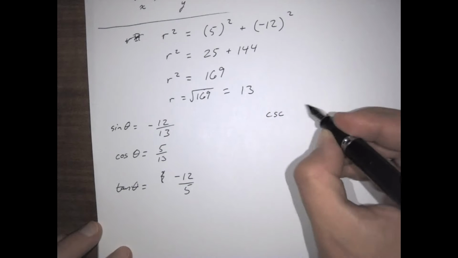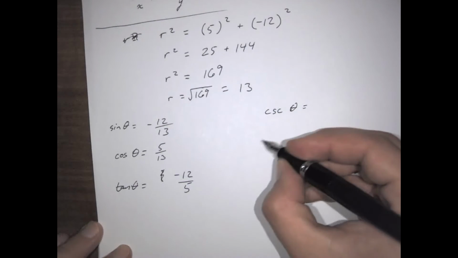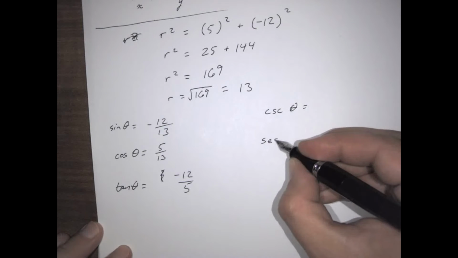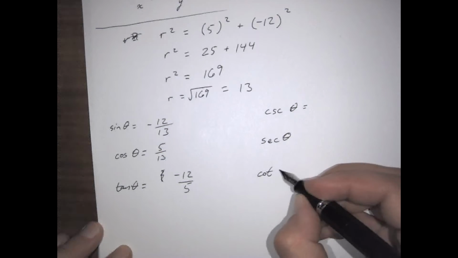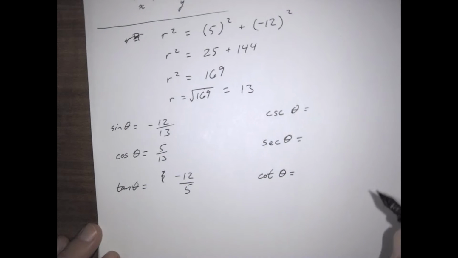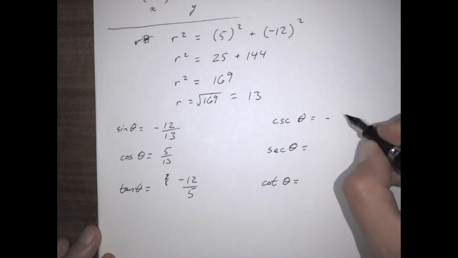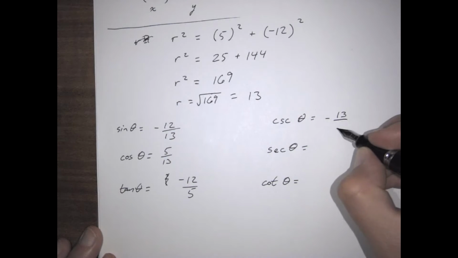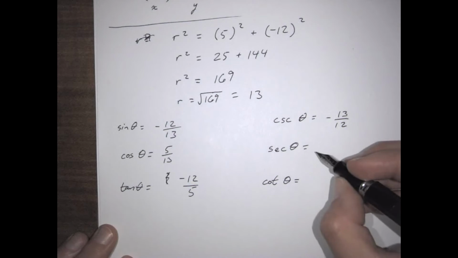Okay, now cosecant theta. These are once again just the reciprocals of the ones that we just found. So cosecant, secant, and cotangent. Take our previous results and turn them upside down. So the reciprocal of 12/13 is 13/12, and negatives stay negative, positives stay positive. So it's negative 13 over 12.